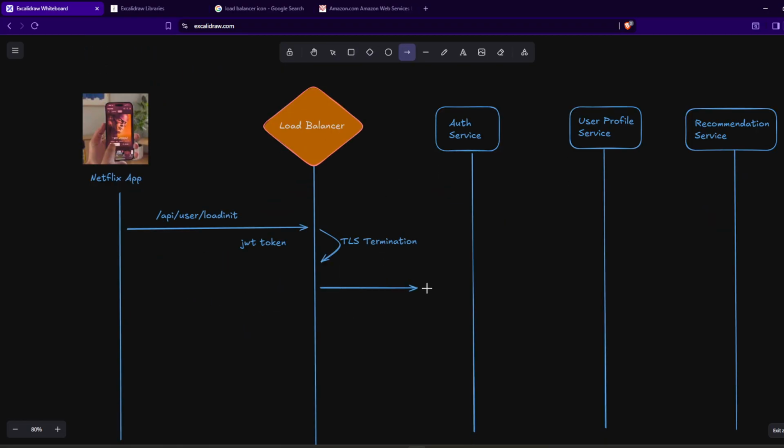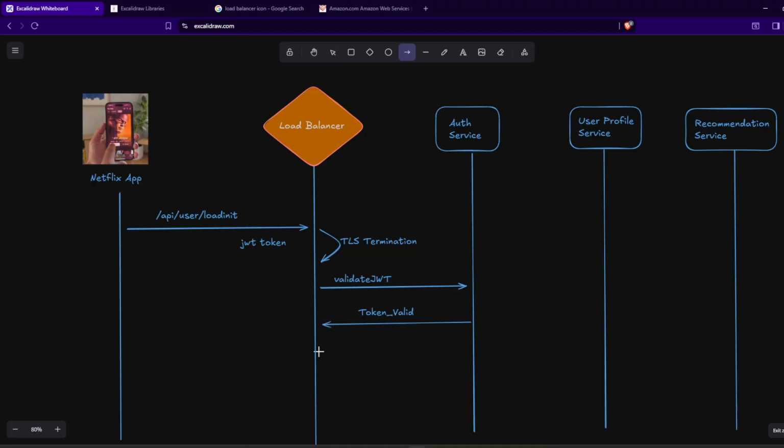So after this first step, the JWT token validation happens. So a validate JWT request goes, and the response that comes is that the token is valid. And after getting the token valid response, one of the interesting things that happens is the application of the routing rules.